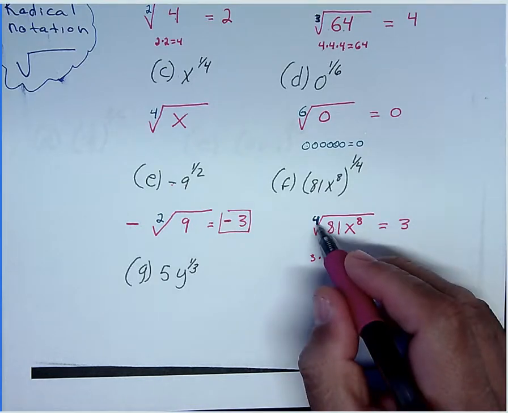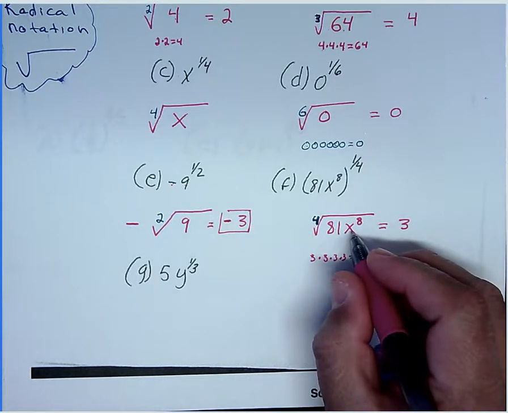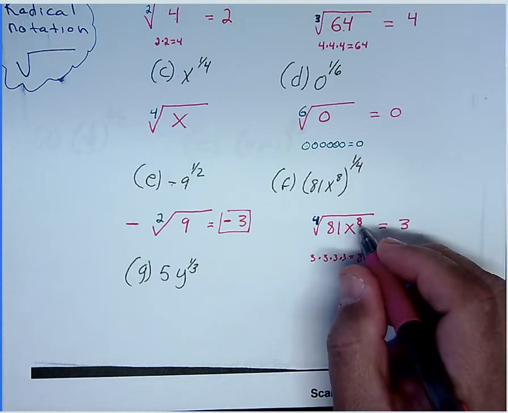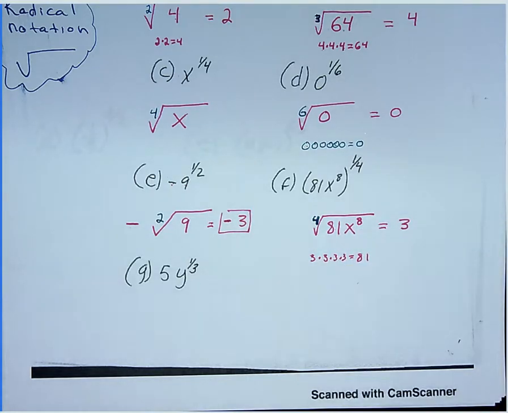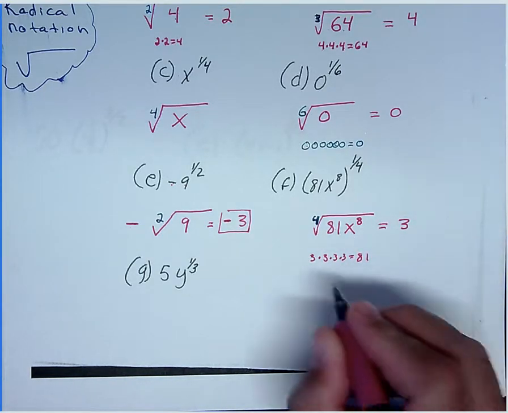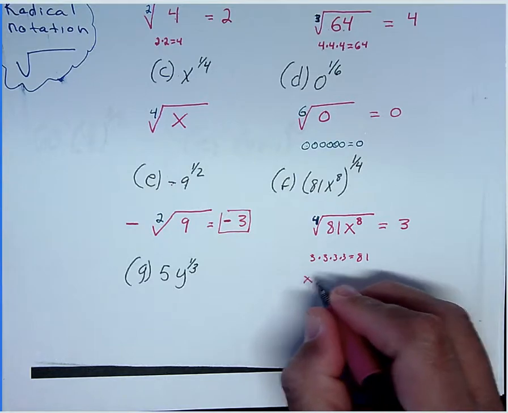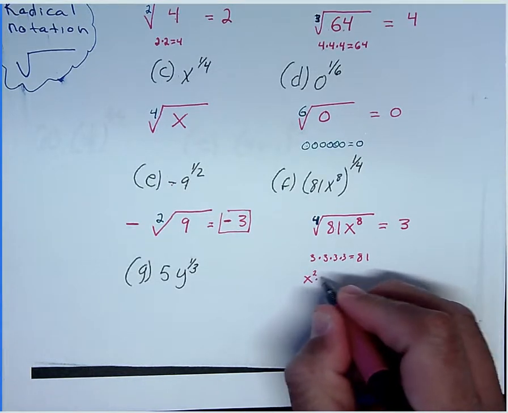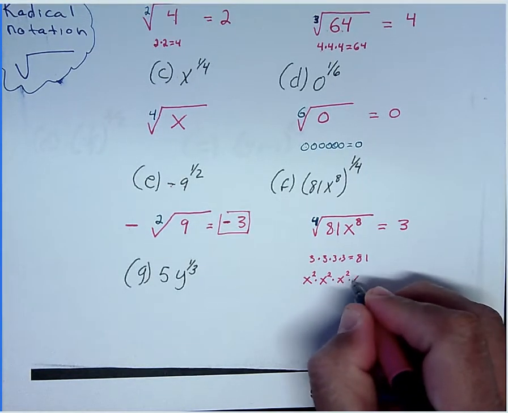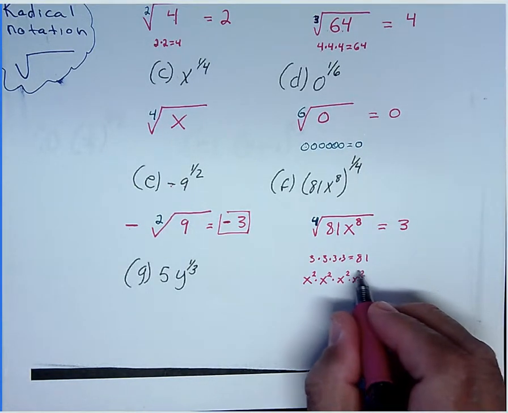Now find an x elevated to a power that you multiply 4 times that would give you this x to the 8. That would be x squared times x squared times x squared times x squared. This is where you apply the rules of exponents.